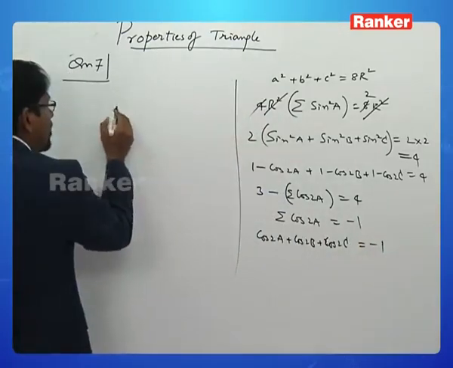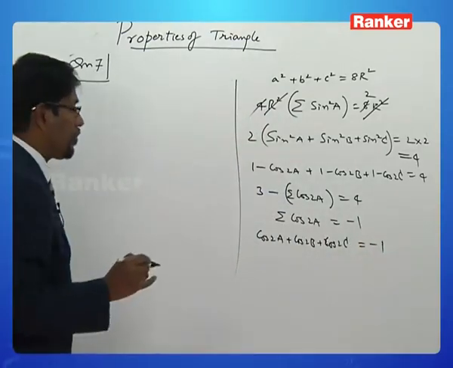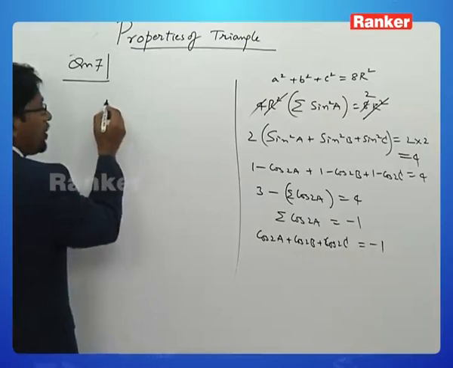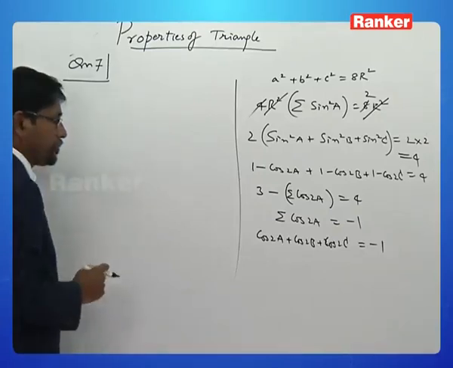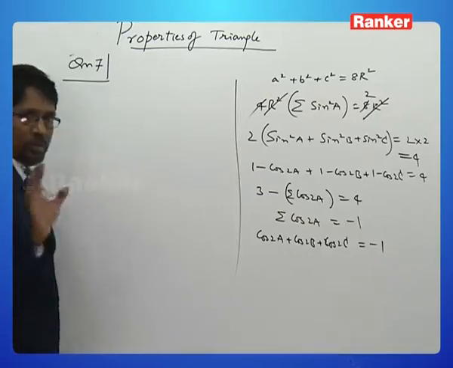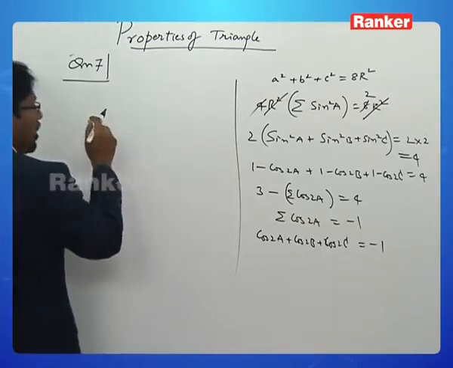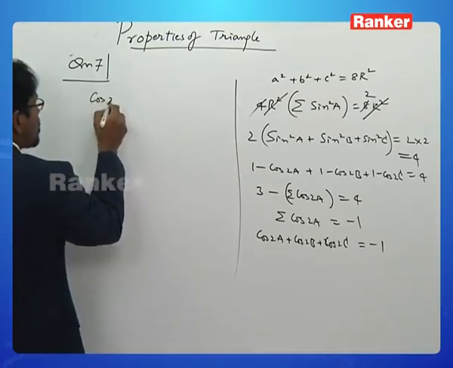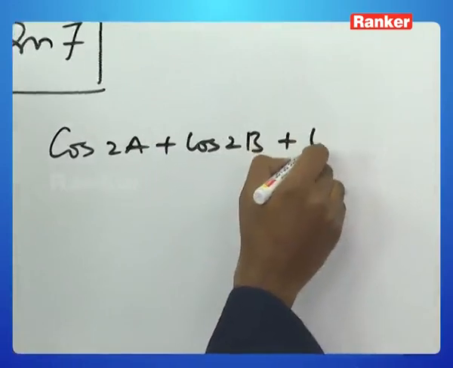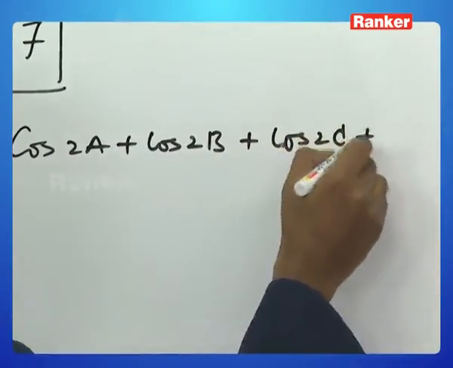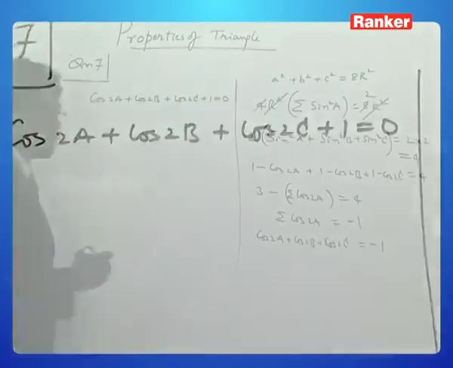Now what is cos 2A plus cos 2B plus cos 2C? So cos 2A plus cos 2B plus cos 2C plus 1 is equal to 0.